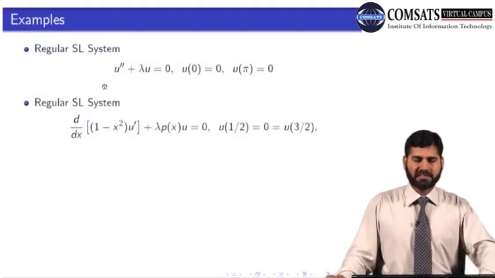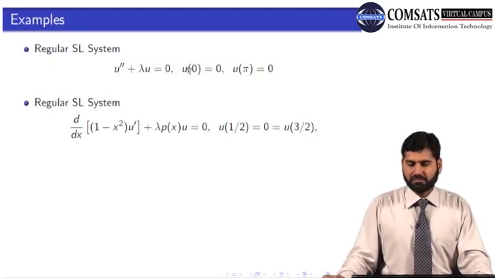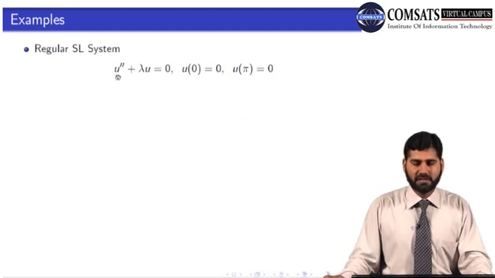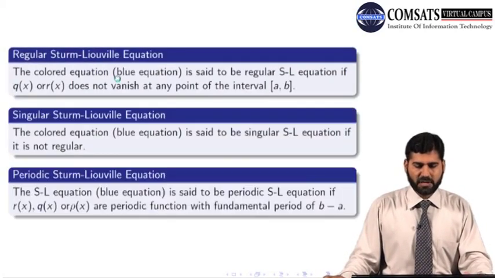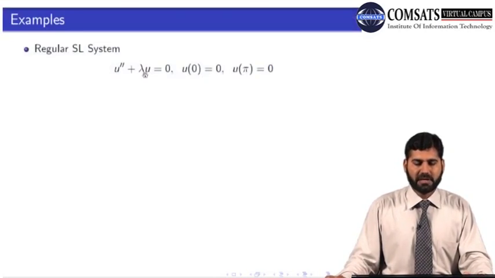So, an example of a regular SL system: u double prime plus lambda u is equal to 0. The boundary conditions are homogeneous, that's fine. If you see, your r of x is 1 here, because if r(x) is 1, then you will get u double prime directly, because d by dx of u prime is u double prime, and this is what you are having here, plus lambda u.